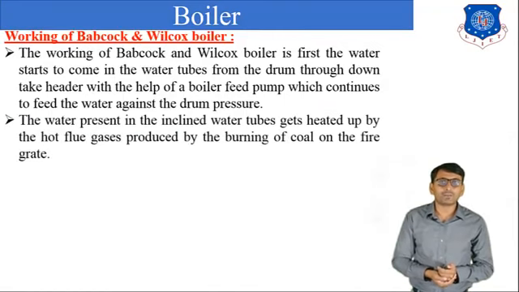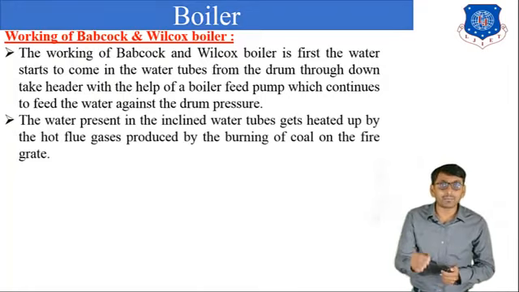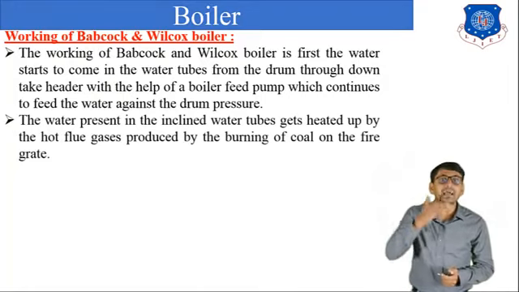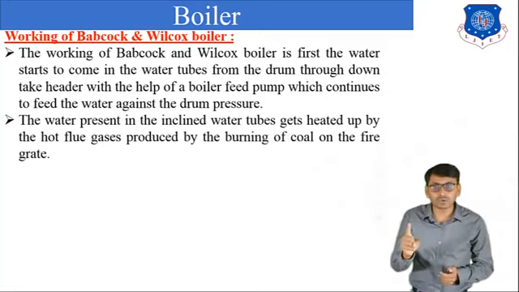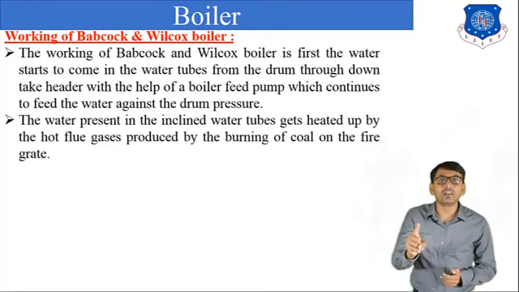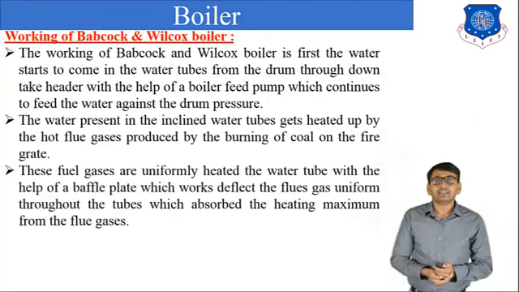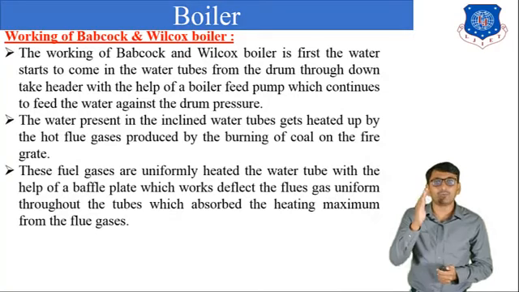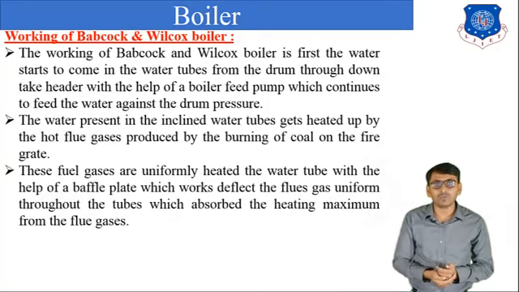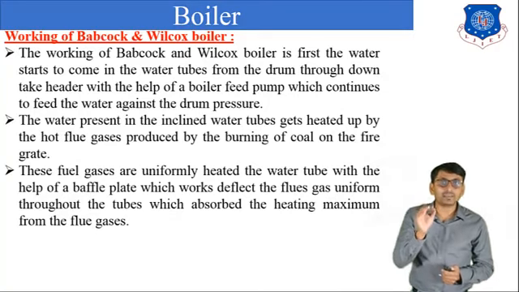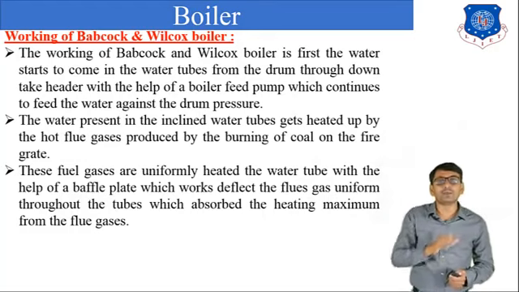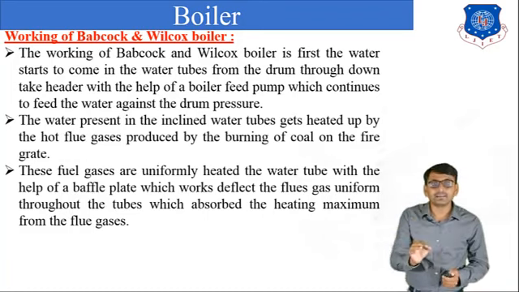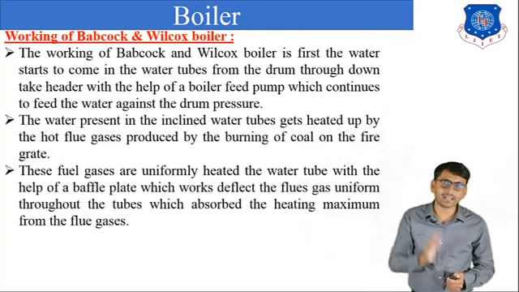Now the water present in the inclined tubes is heated by high temperature gas which is present outside the tubes, and this high temperature gas is produced due to combustion of coal on the grate. Then the baffle that is provided in between the tubes is used to increase the high temperature gas movement so that the heat transfer capacity also increases.